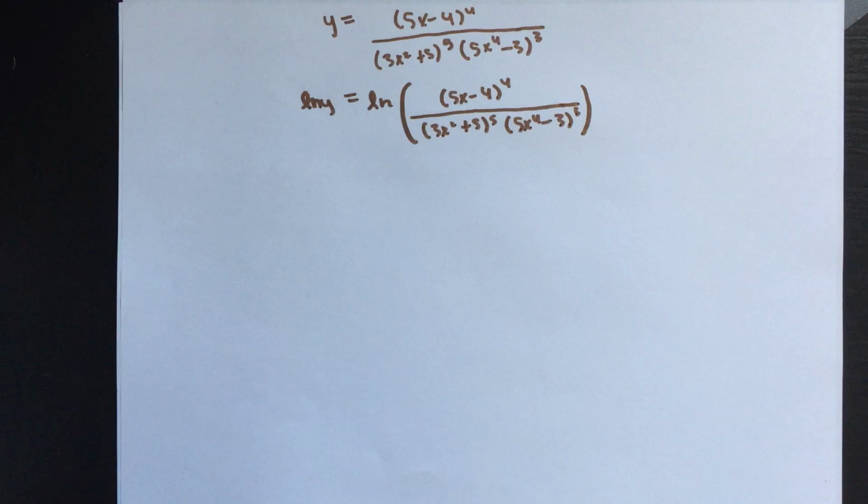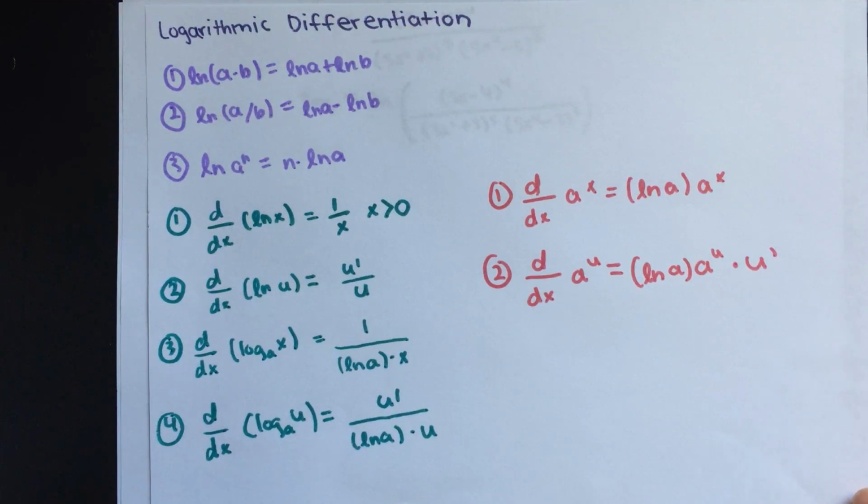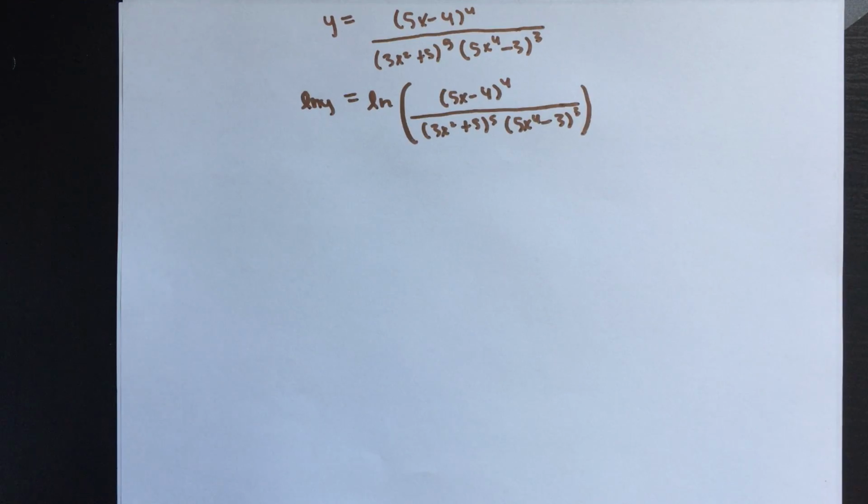So if you haven't noticed yet already, this is in the format of the log quotient rule that I said about earlier, where the natural log of a over b equals the natural log of a minus the natural log of b. So we're going to apply that here.